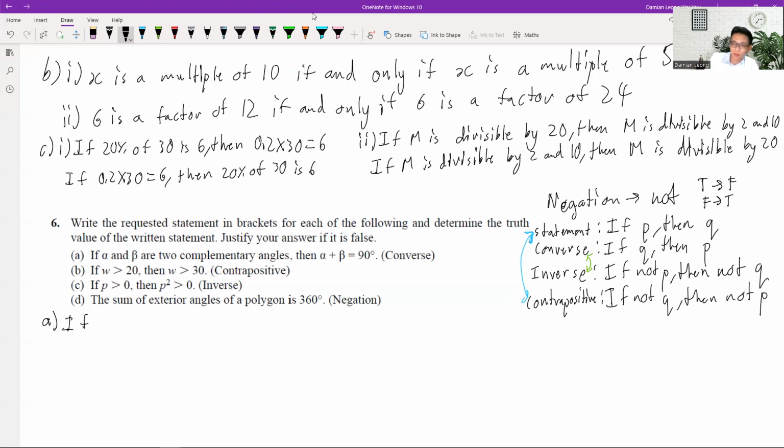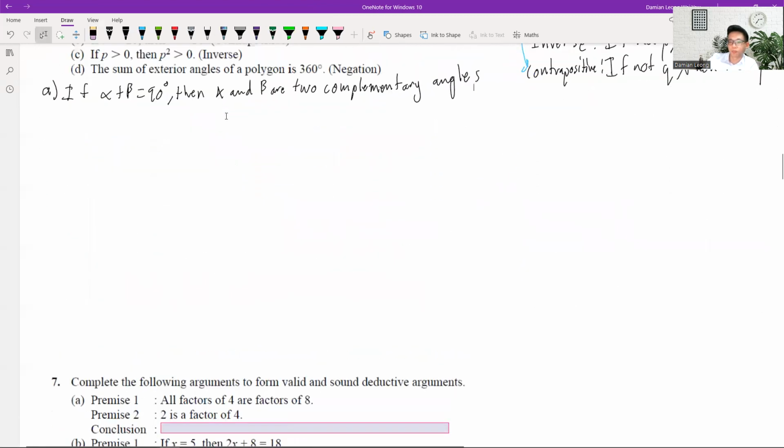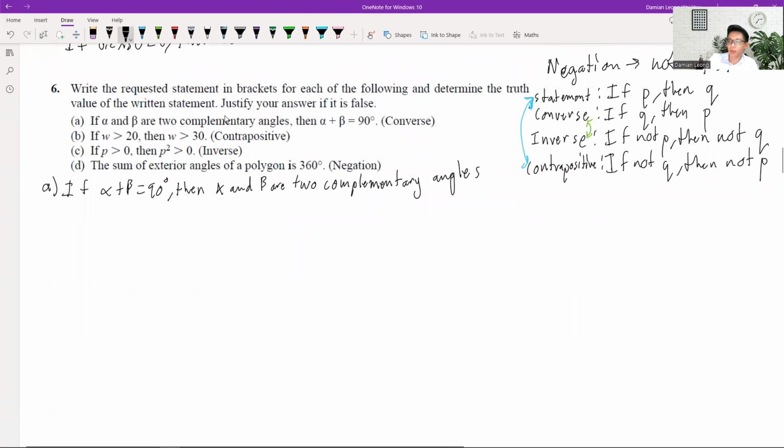Means if alpha plus beta equals 90 degrees, then alpha and beta are two complementary angles. Okay, and this is true. True means no explanation is needed.